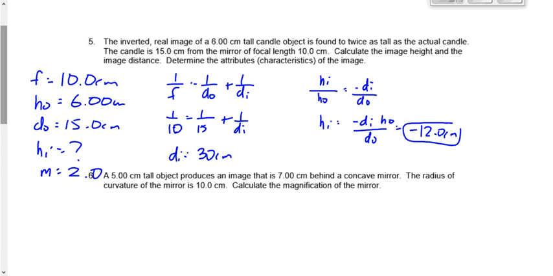Now, one thing you got to be careful of here is that this should be negative 2, actually, right? Because it's inverted. You got to be careful there if you said m is equal to hi over ho, hi is equal to m times ho. That absolutely works. We get 12.0 centimeters if we made the magnification negative 2.